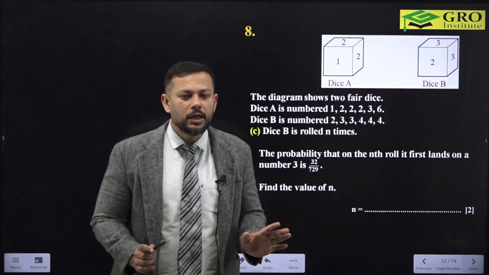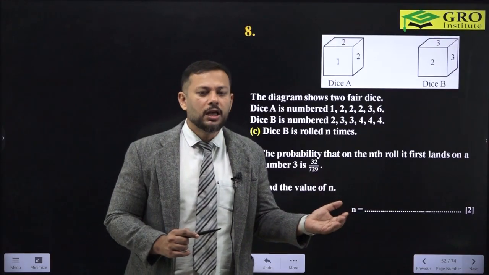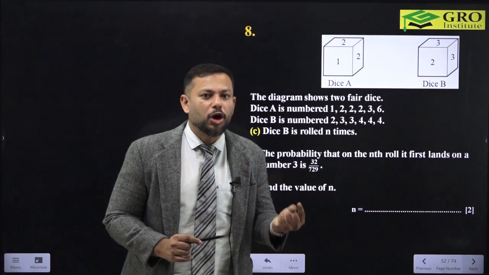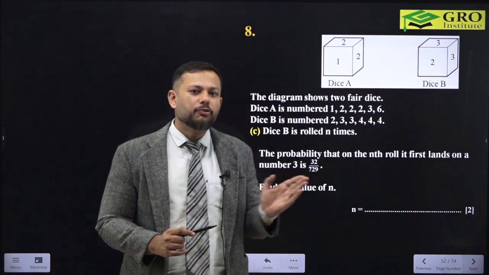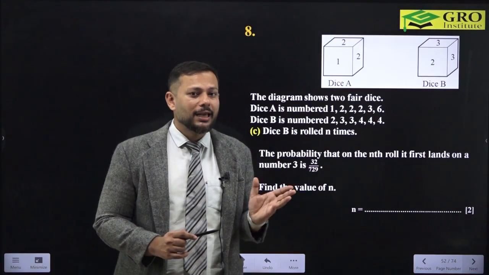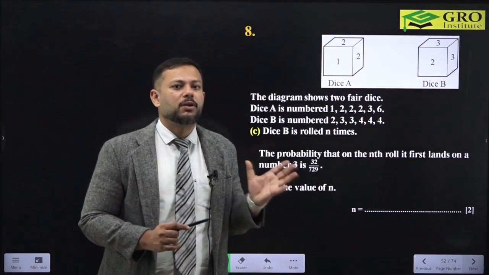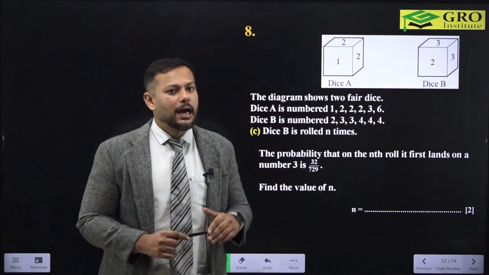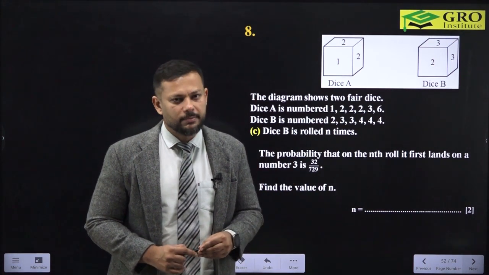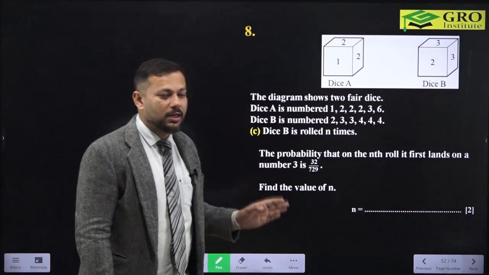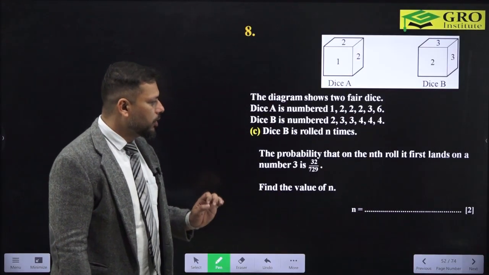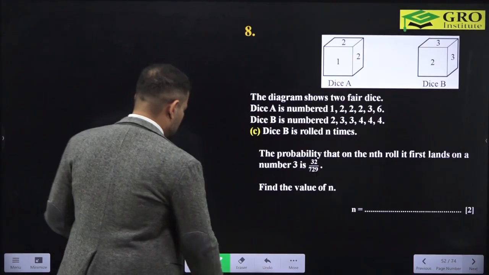Have you understood it? On the nth time only, it was the first time we got 3 as the top face. That means before that, n minus 1 number of times we were getting other numbers apart from 3. Right? So we need to find the value of n. So if it is clear to you, let us try to solve it.